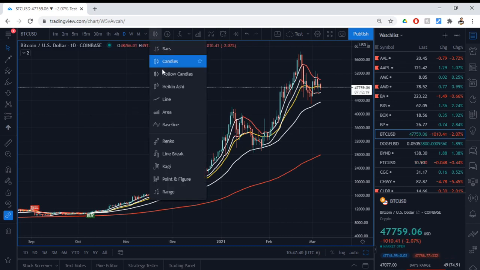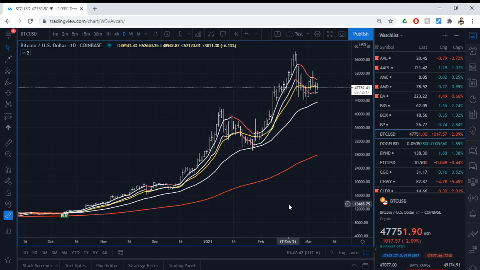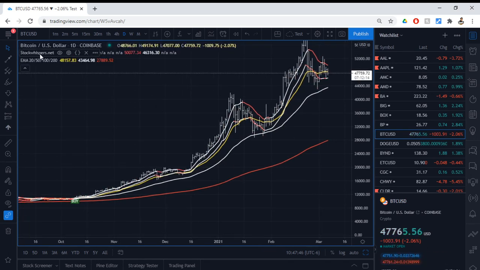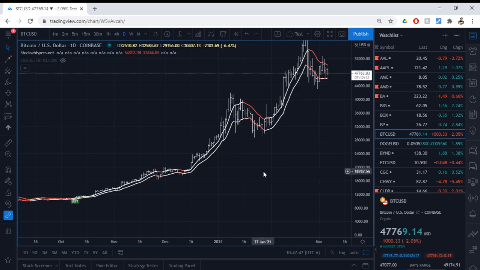So initially, the idea was to use this with bars. So we didn't have this.